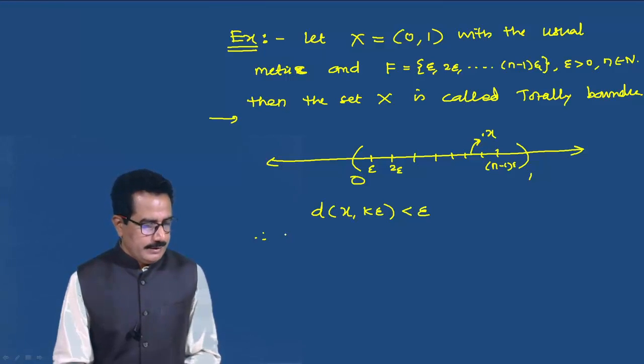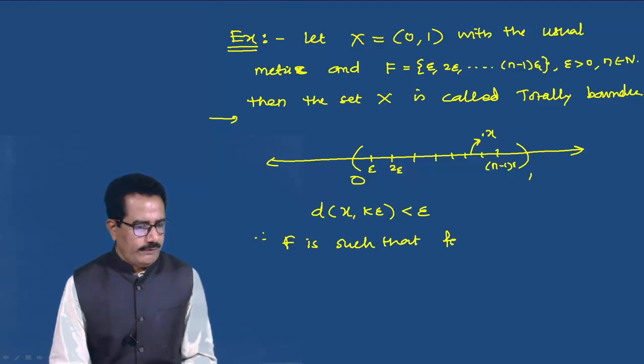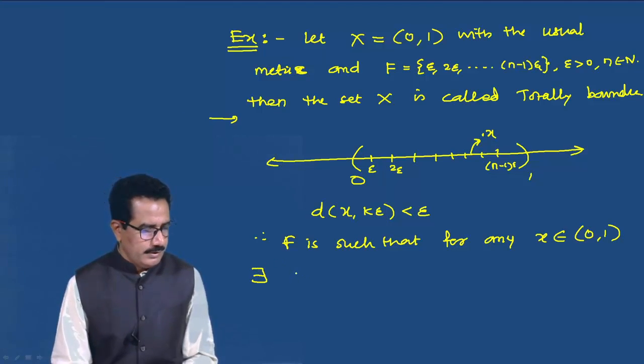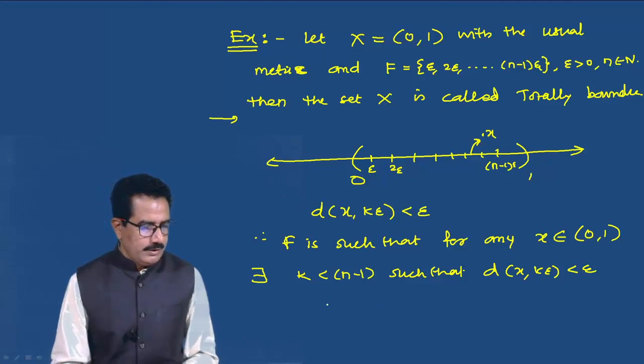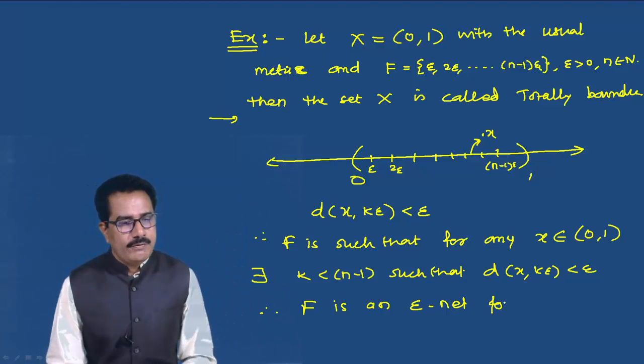Therefore F is such that for any small x belonging to [0, 1], there exists a point k less than n minus 1 such that the distance of x and k epsilon is less than epsilon. Therefore F is an epsilon net for X.